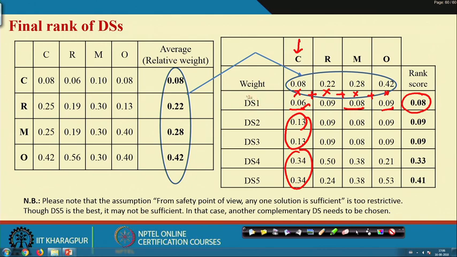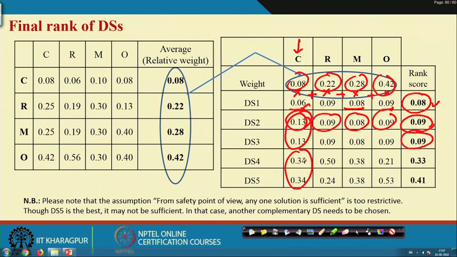So, DS1's score is 0.08. Now, the same thing for DS2: 0.08 multiplied by 0.13 plus 0.22 multiplied by 0.09 plus 0.28 multiplied by 0.08 plus 0.42 multiplied by 0.09, it will be 0.09. DS3 also, as these values are the same, the score is also the same.